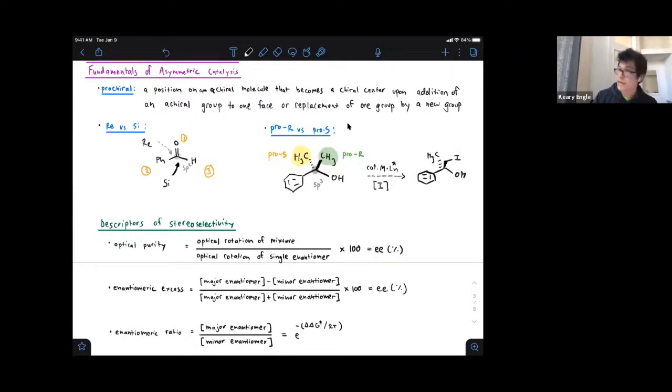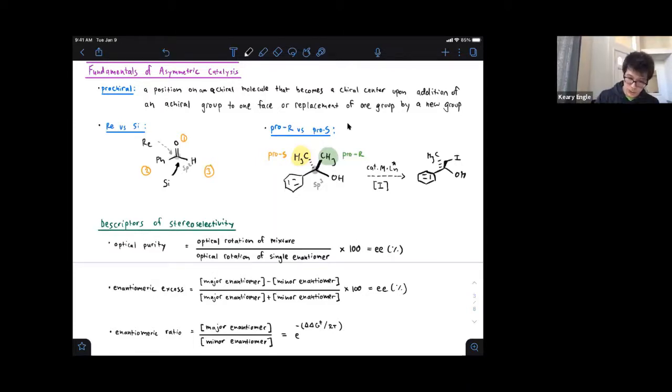So in the early days, the most convenient way to measure, let's say you run some reaction that you hope is stereoselective, like in the early days where the Sharpless lab was developing their asymmetric epoxidation, the way that you would measure the level of asymmetric induction was to take the optical rotation of your final compound of unknown enantiomer enrichment and compare it to typically a standard that was known to be enantiopure.